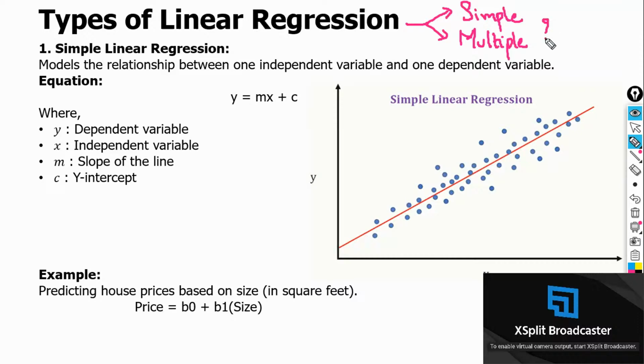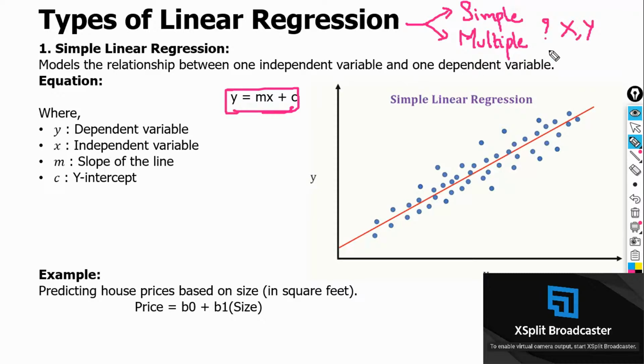On what factor did we divide linear regression into two types? Based on inputs. If we have only one input and one output, then we say it is simple linear regression, because the equation will be like this: y equals mx plus c. Simple. Only one input, one output.